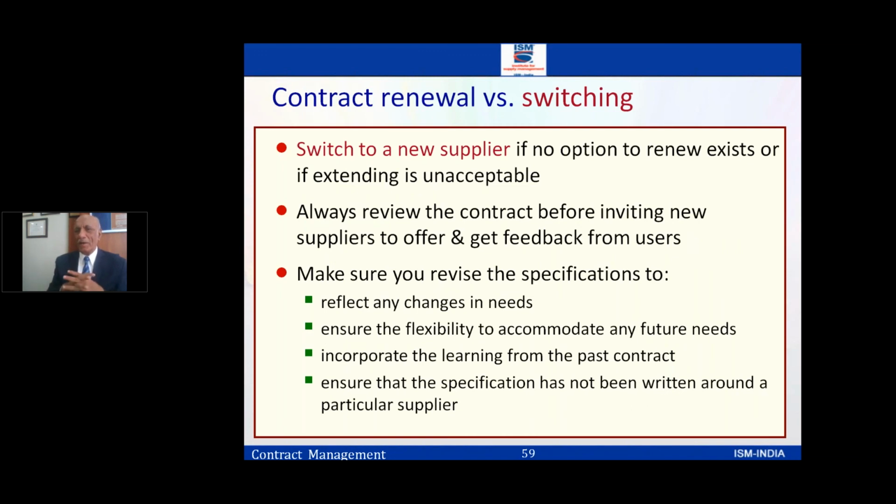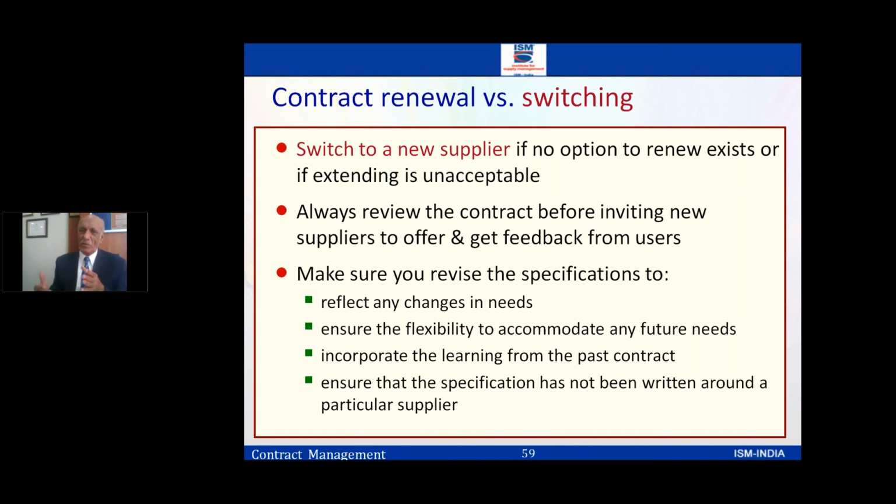Switch to a new supplier if there is no option to renew the existing one, and particularly if the existing one is unacceptable because of performance. Another could be because of technology changes happening around. In both situations, you may like to switch. But you have to make sure that you revise the specification to reflect the changes in needs.